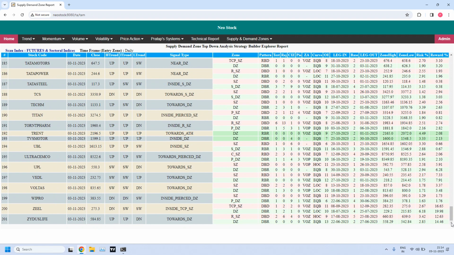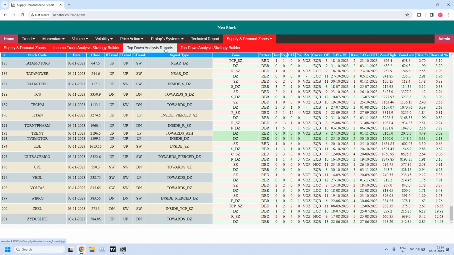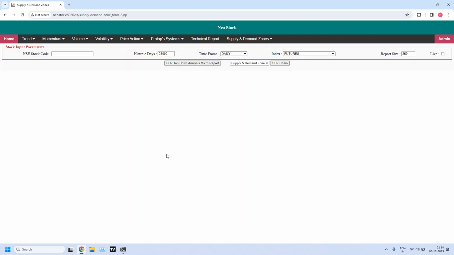Now I will generate the supply demand zone chain for both the weekly time frame as well as the daily time frame, because we have a weekly list also today. First, let me start with Nifty 50.